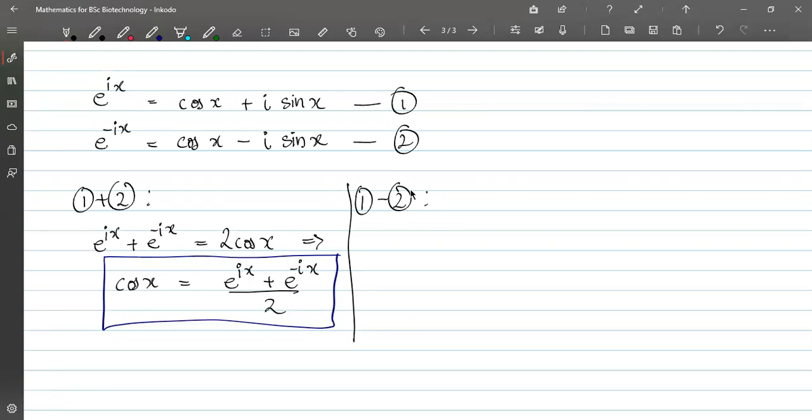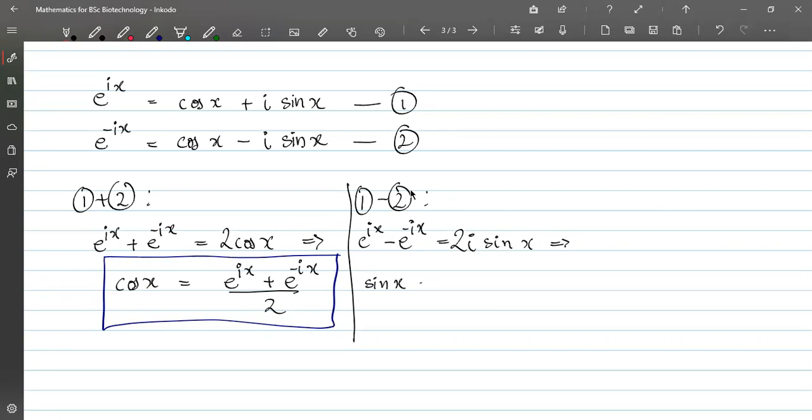Then you get e to the ix minus e to the minus ix. That's going to be this minus this. So cos x minus cos x is 0, because you're subtracting now, and i sin x minus minus i sin x, minus of minus is plus, so i sin x plus i sin x is 2i sin x, right? So again, this implies that sin x, we want sin x, not i sin x.